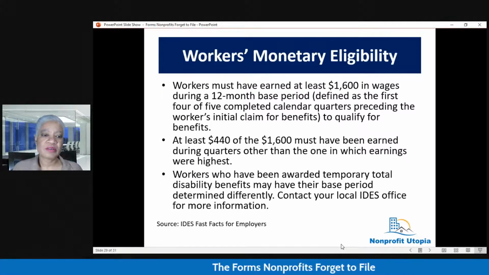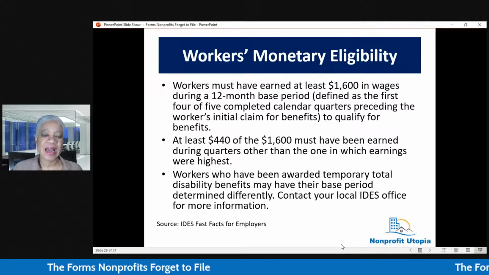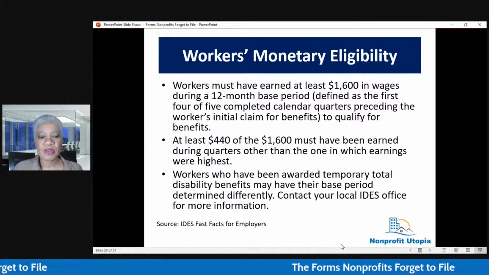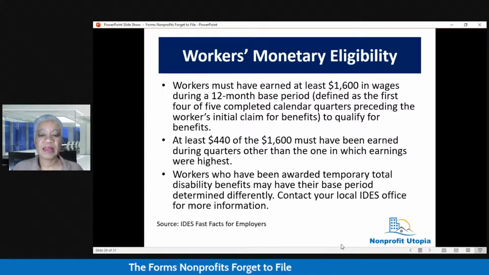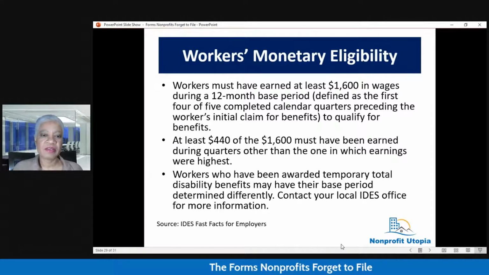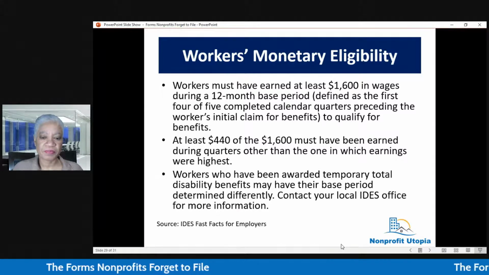So what they'll do is they'll look at 5 quarters, the one that's the highest, they'll throw that out and look at the remaining 4 quarters, and then use that to determine if at least $440 were earned in some period other than the quarter where it was the highest.